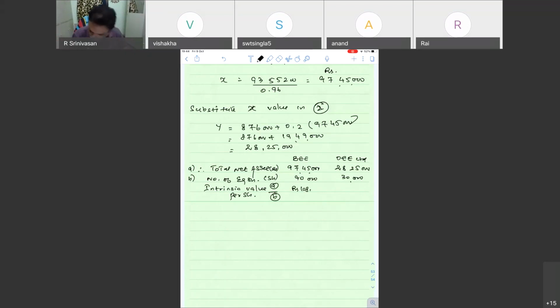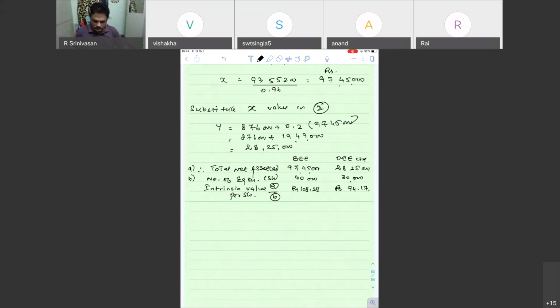And 28 lakh 45,000 divided by 30,000 is 94 rupees 17 paise. So we have got this.